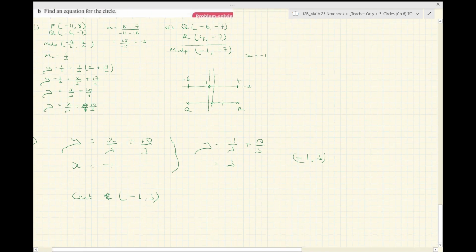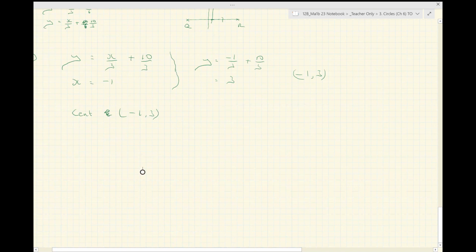So I'll choose the point R, which is 4, minus 7. So the distance between those 2 points is going to be the radius, and the radius is going to be the square root of the difference in the x coordinates, 5 squared, plus the difference in the y coordinates, 10 squared. So that's going to be the square root of 125.